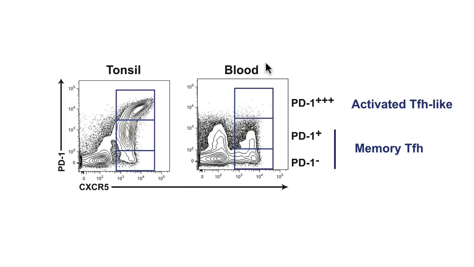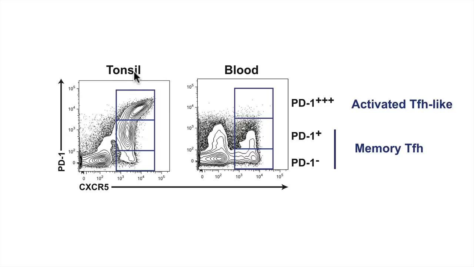And when looking in peripheral blood, this becomes particularly important in human immunology because the vast majority of the time when doing human immunology, blood is the only type of sample that is available. Lymphoid tissue obviously is much more difficult to come by, and so it's important to glean as much information as possible from blood samples and also understand the limitations of what cells are in blood or not in blood and what characteristics they have.